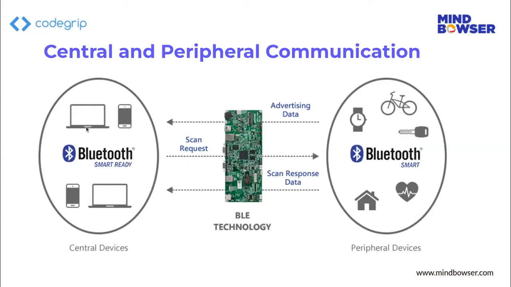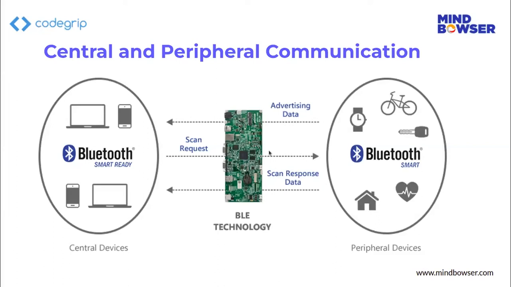Our laptop or mobile has a Bluetooth connection, and after we give permission, it scans for requests from other devices like smart watches, smart keys, heart rate machines, and smart home things like smart bulbs, smart lights, and AC.